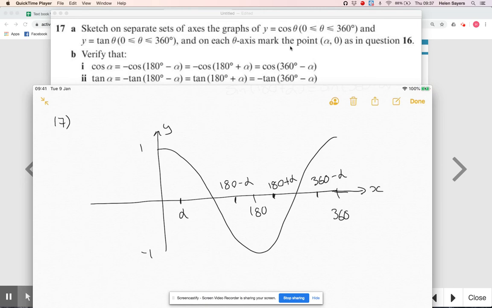Okay, so they're then just asking me to verify that cos alpha equals cos of 360 minus alpha.